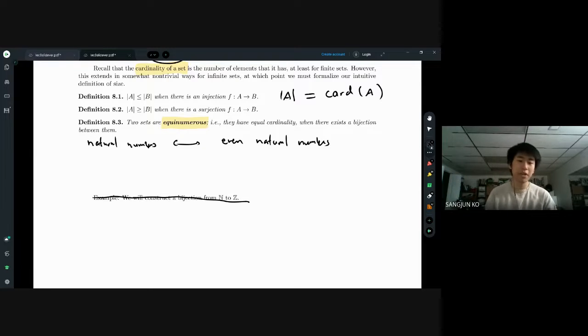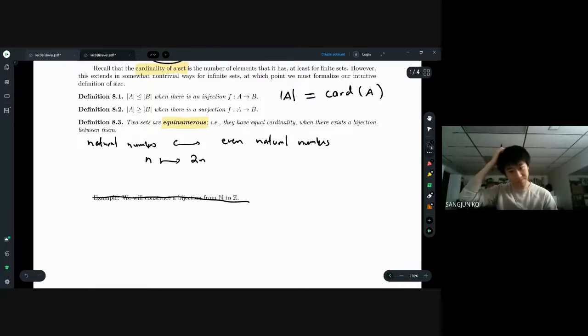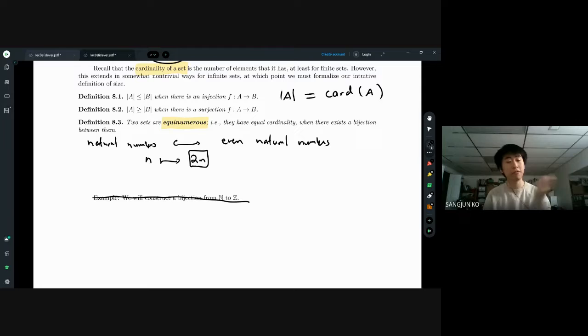And the bijection is the obvious one. Map n to 2n. And we need to show that this is a bijection. Well, every even natural number can be written as 2n, so you can divide by 2 and find your pre-image that way.